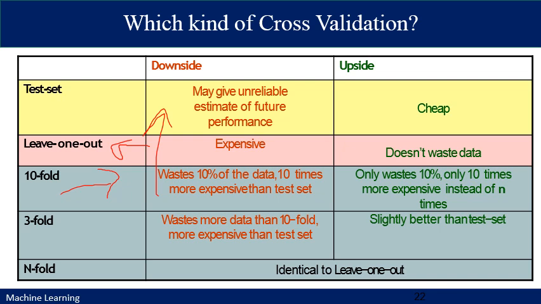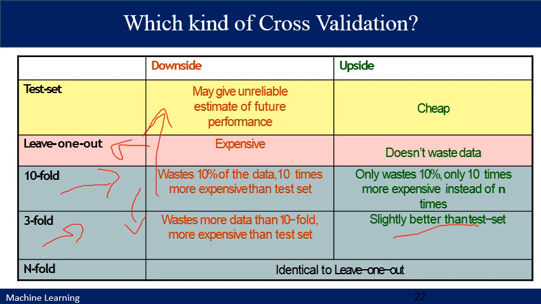On the other hand, if you use a lower value of k, such as threefold, it is slightly better than the test set in terms of error reporting, but it wastes more data than the tenfold because you will have 30% or 33% of the data used for the testing phases, and it is more expensive than the test set.